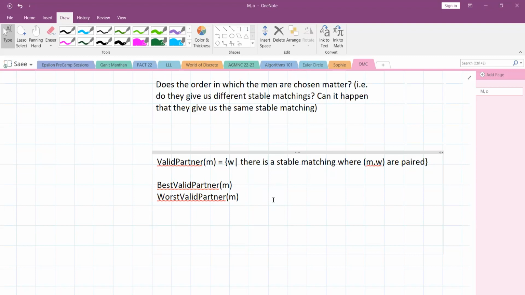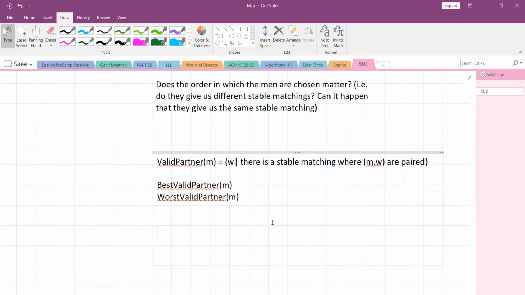The matching that is outputted by the Gale-Shapley algorithm actually pairs every man with his best valid partner and every woman with her worst valid partner, which is extremely non-intuitive, right? So let that sink in. And yes, you have trust issues now.